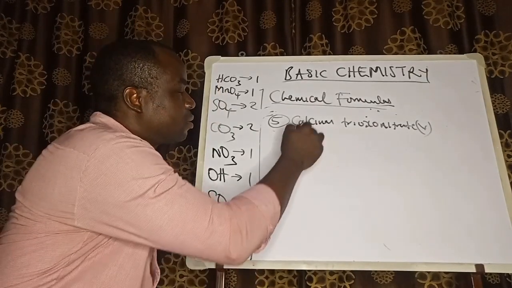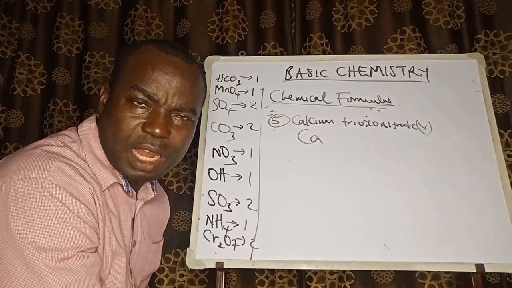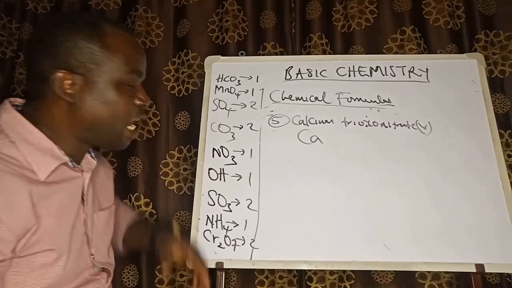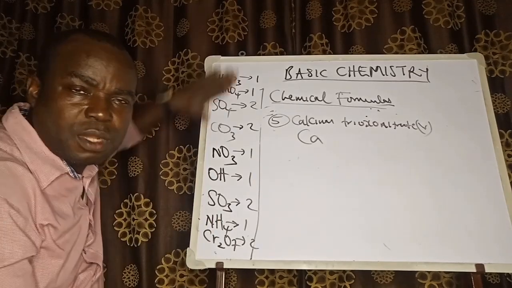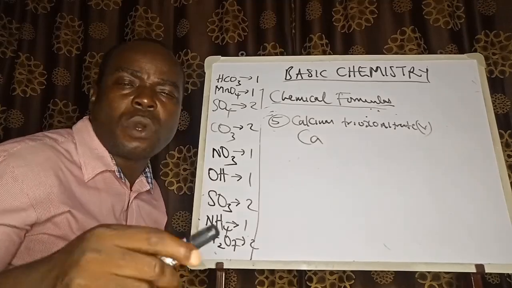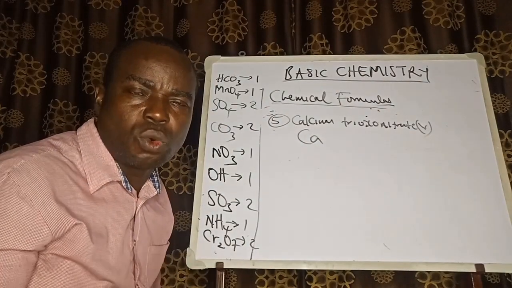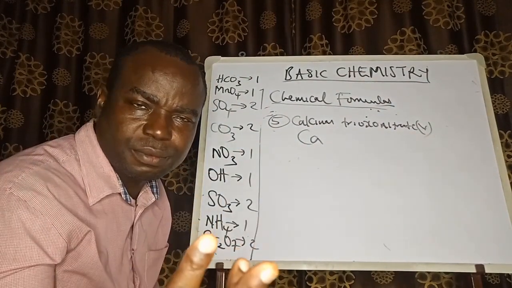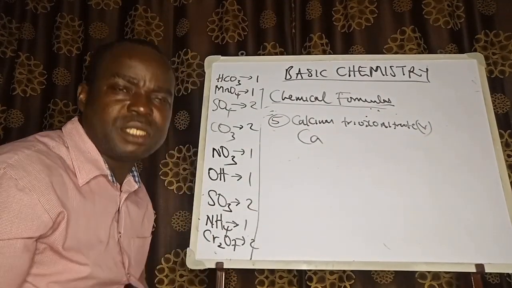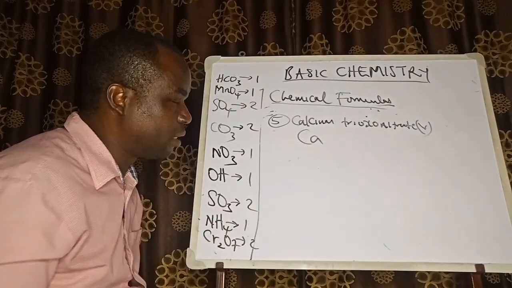Calcium is Ca, right? What is trioxonitrate? Now you will come back to these radicals I wrote here. Meanwhile, if you want to write trioxonitrate on your own, tri means 3, oxo means oxygen, nitrate means nitrogen. Now watch how I will do that.